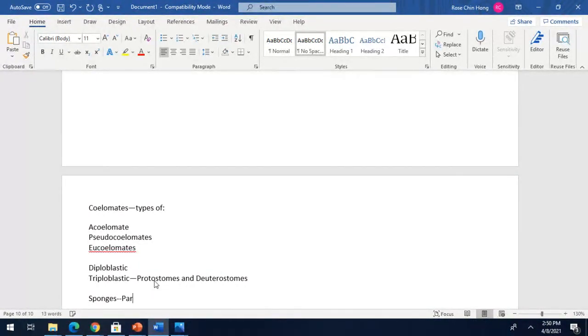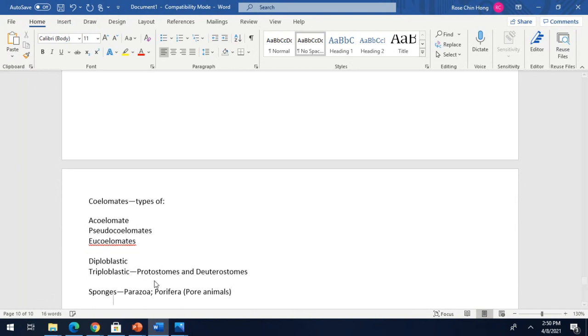They're also called parazoa, which means next to the animals. And they're also called porifera, or poriferans, if you want to call them. All right, so these are the names, and that's how these words came about.